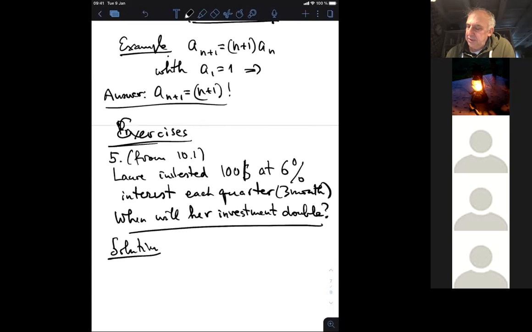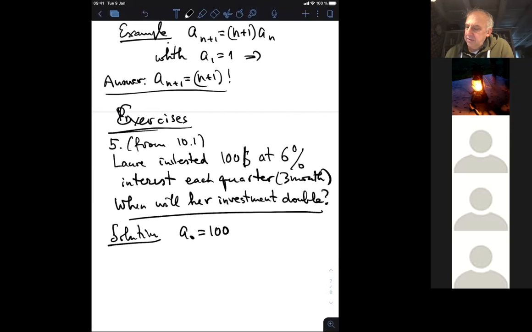So we start with, say, A0 equal to $100. And then we have the relation. So this is the initial condition. And then after each consecutive quarter, we get what she had in the bank multiplied by the interest rate, which is 1.06. Oops, so this should be n plus 1.